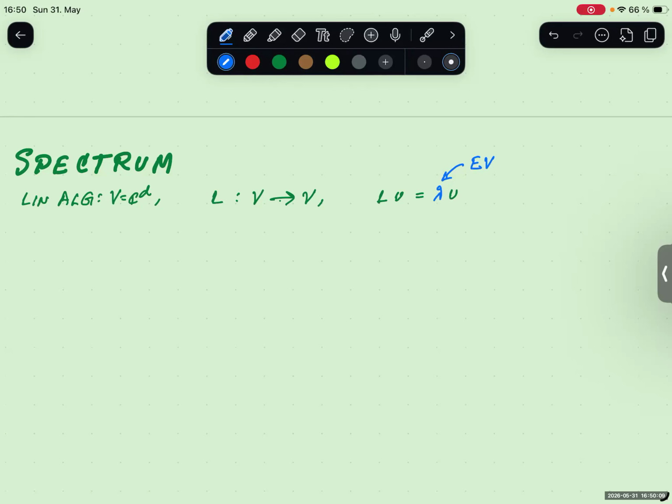Okay. Now our target is to get an analog or generalization of this eigenvalue for our setup, in particular for unbounded operators. So, who thinks for an unbounded operator we can define an eigenvalue exactly this way?